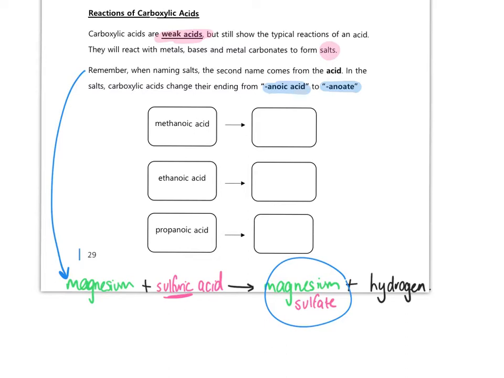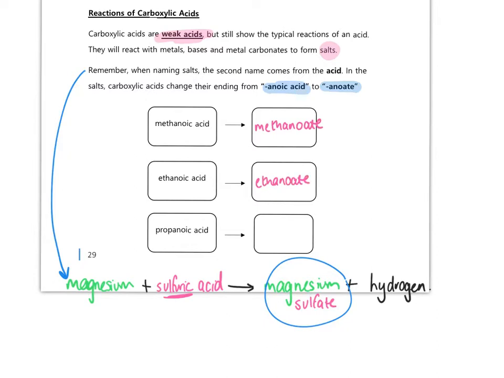So if we were using methanoic acid, the second name would be methanoate. So write that into the box there. If ethanoic acid was the acid we were using, the ending would change to ethanoate.